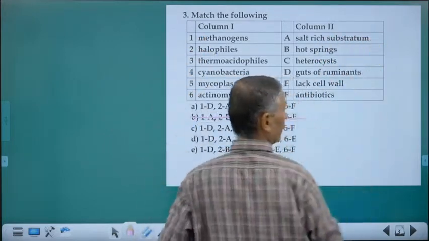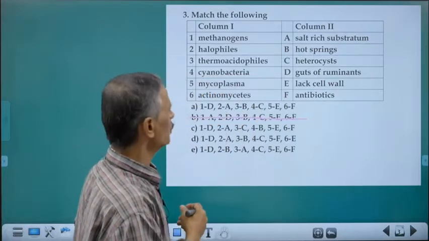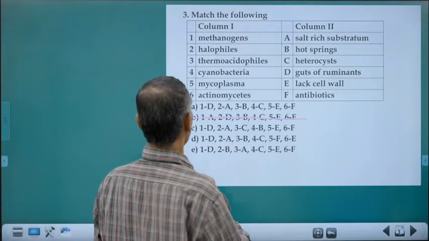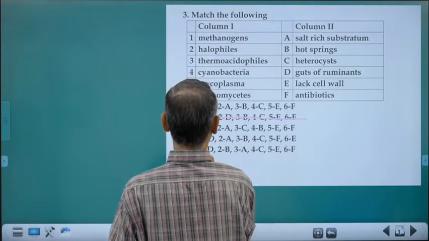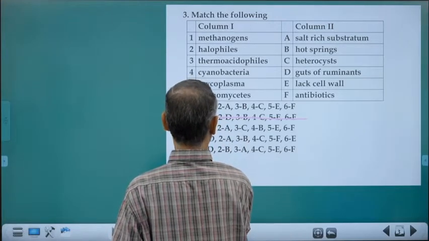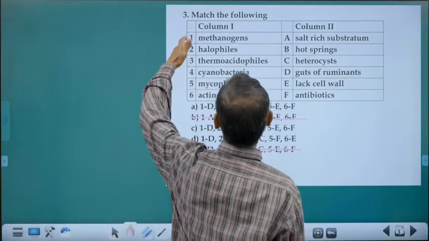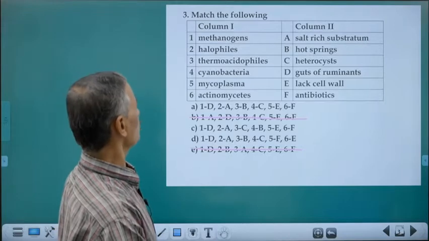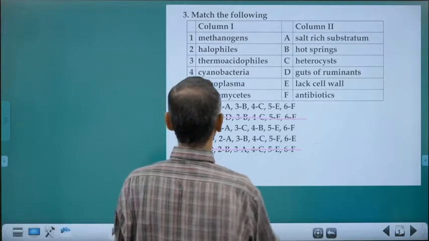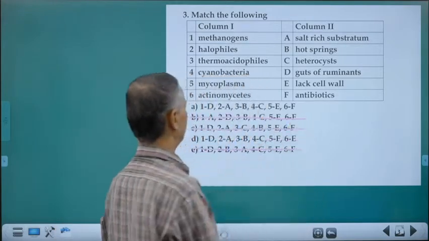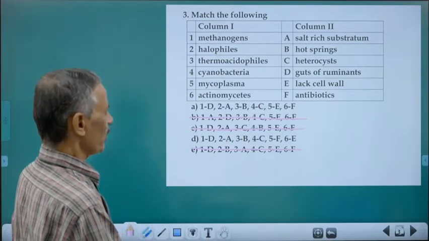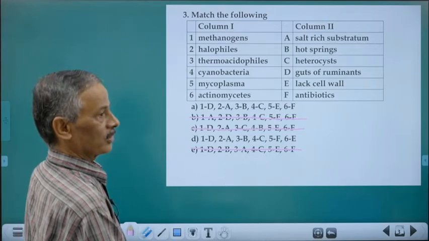They live in very marshy places, so it should be 2A. Immediately you eliminated this one also. Thermoacidophiles live in hot springs, so 3 should be B. You eliminated this one also. So the competition is between only A and D. We are narrowing the options.